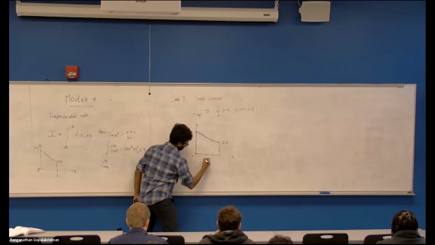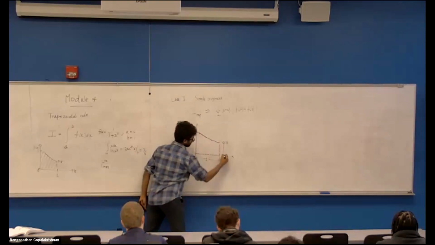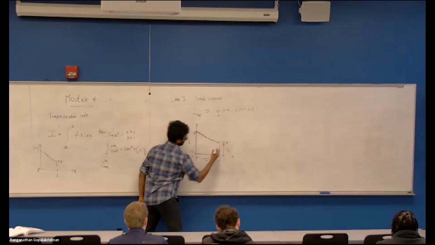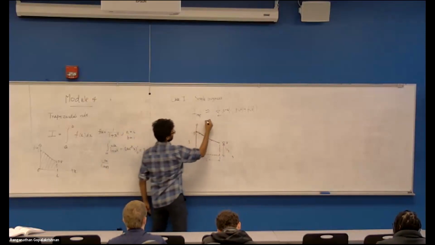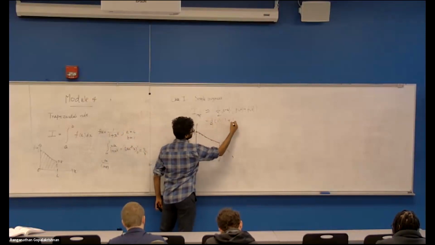So this is 1 unit, this is 1 unit, this is half unit. So the area would be half multiplied by 1 multiplied by 1 plus half.